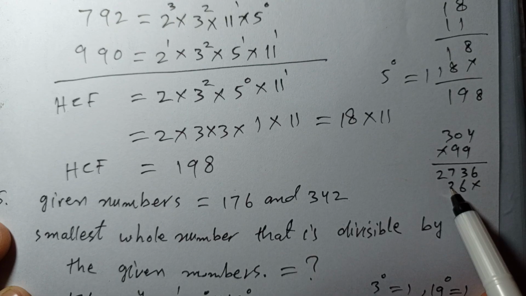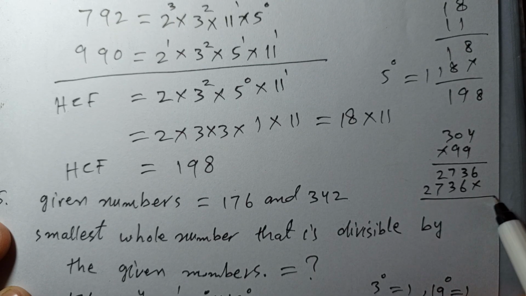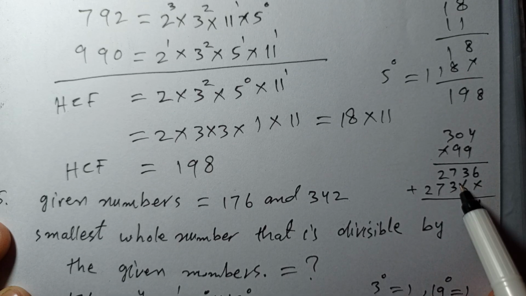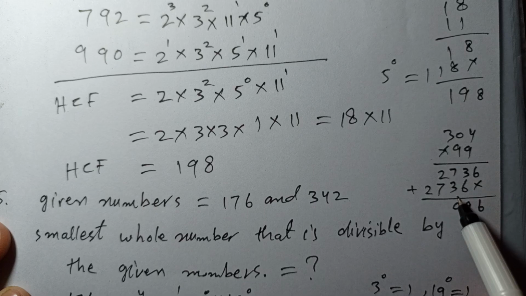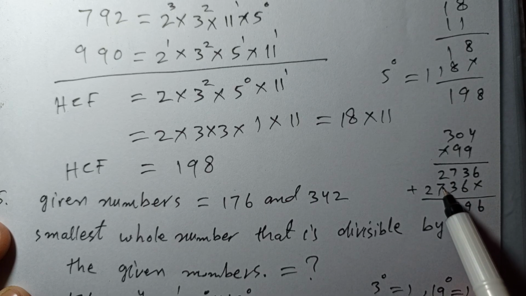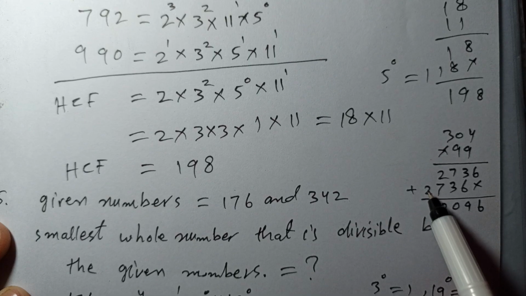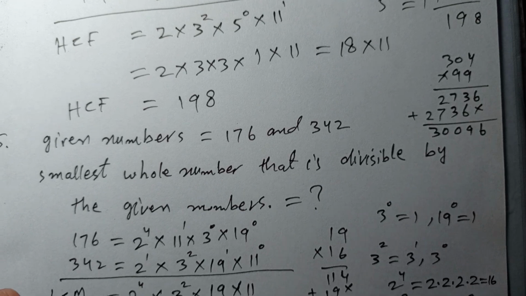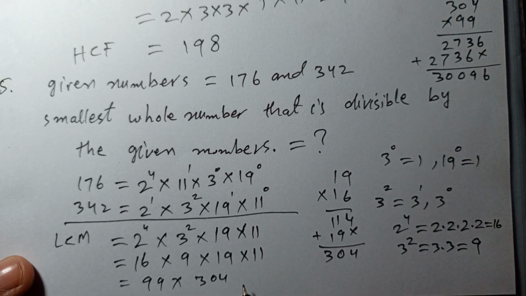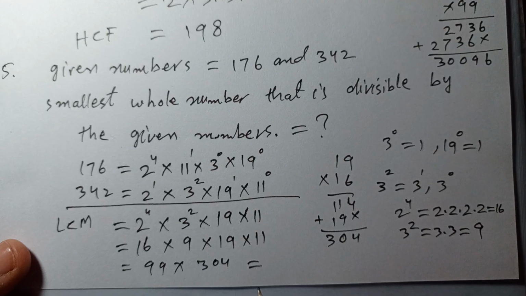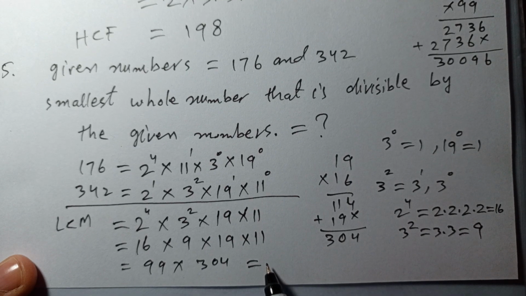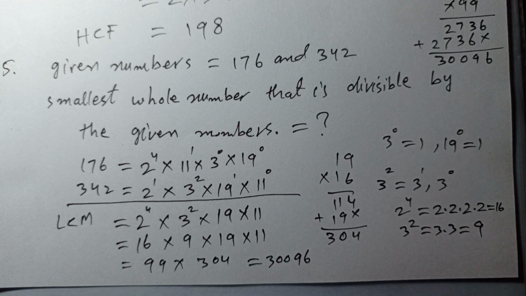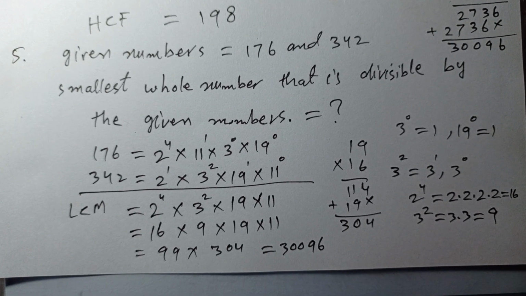So 6 3 7 2. Now add these. 6 here, 9 here, 10, 7 and 3 makes 10, 1 carry 2, and 7, 9 and 1 is 10, 0, 2 and 1 is 3. It should be our answer. So 30096, it is the LCM. Thanks dear student, take care.